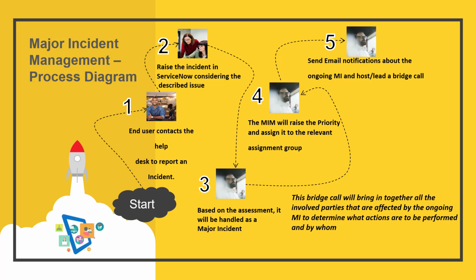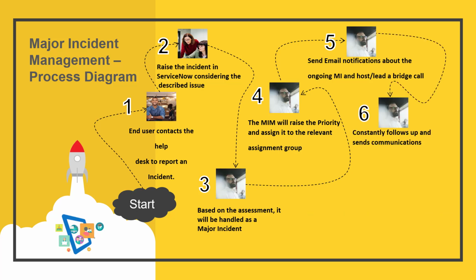In all this time, the major incident manager will keep an eye on how the major incident is progressing and send out regular communications to the concerned parties. By concerned parties, I'm referring to different stakeholders that are either impacted by the major incident, upper management, or third-party vendors that are affected as well.